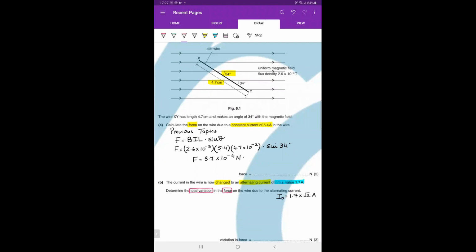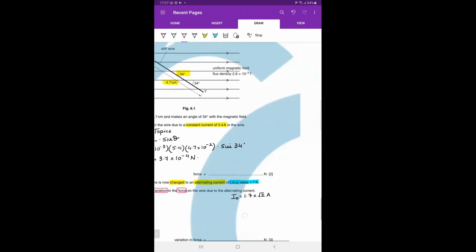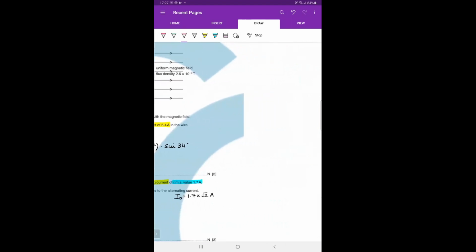I'm sure you would agree that due to alternating current, the direction of current changes. Therefore, the direction of force also changes.